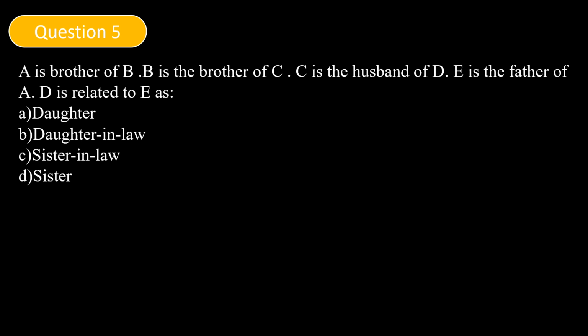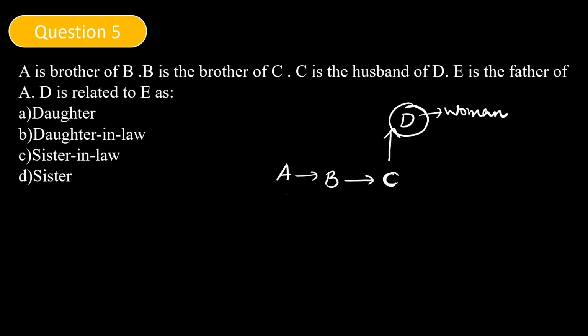A is the brother of B, B is the brother of C, C is the husband of D, D is the father of A. D is related to E as? A is the brother of B and B is the brother of C. So A, B, C are brothers. Now C is the husband of D. There is a woman, that is D. This is a woman and C is her husband.